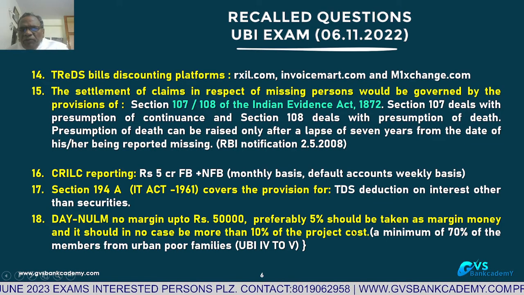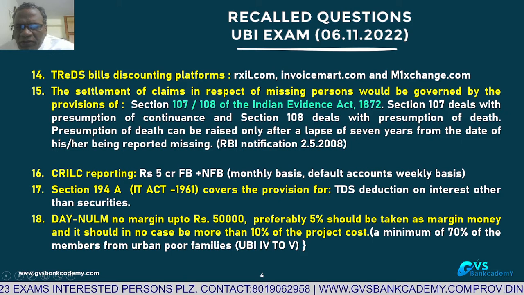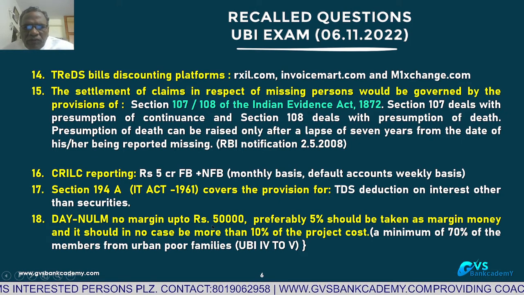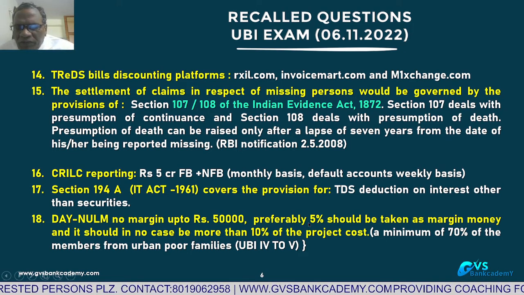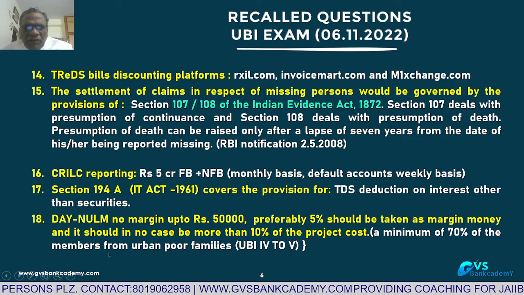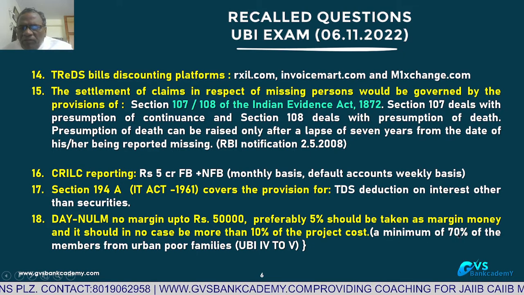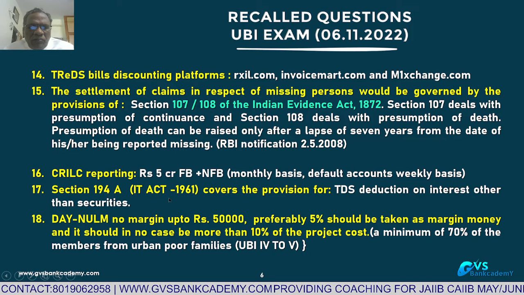Up to 50,000 nil, above 50,000 preferably 5%, maximum 10%. A minimum of 70% of the members should be from below the poverty line, poor from urban areas.